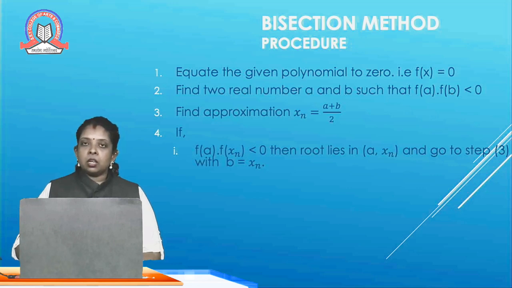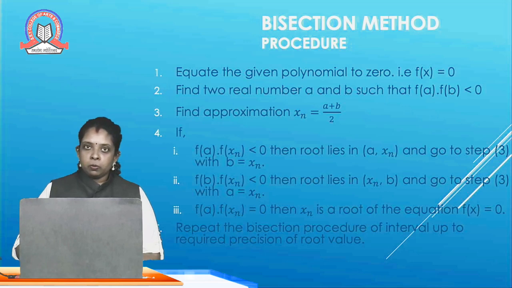To find the approximate root, we consider the average of these two values: half of the sum of a and b is equal to xn, and that is the initial approximation.